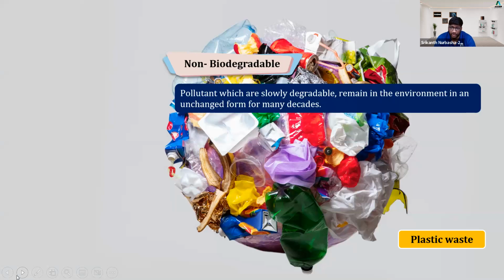The components I have shown you till now, like plastics, metal, e-waste such as keyboards, and also glass, are all non-biodegradable, so they remain in the environment for a longer time.